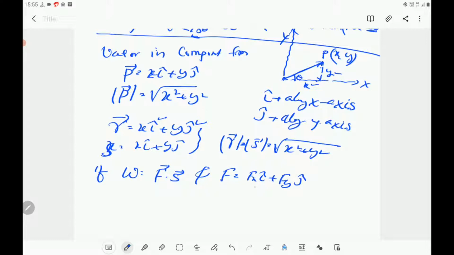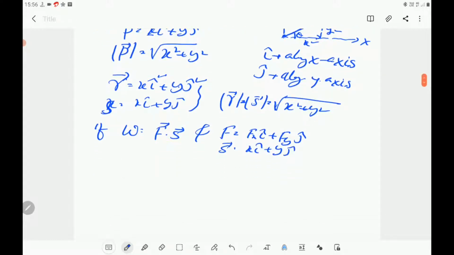We will see such problems. And yes, already I have written s as xi plus yj. How do you write this work now in terms of dot product? You put Fx i plus Fy j dot x i plus y j, that's it. Okay. Now you use this idea.